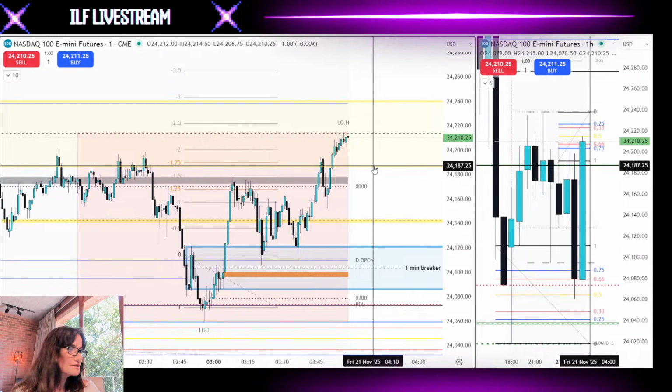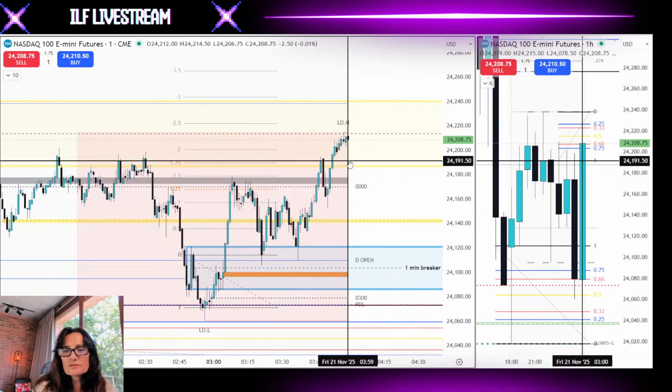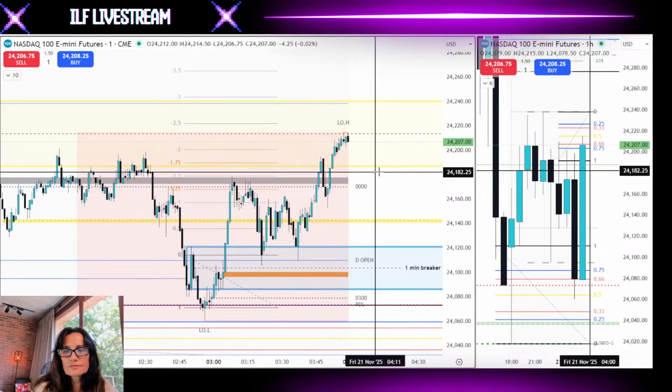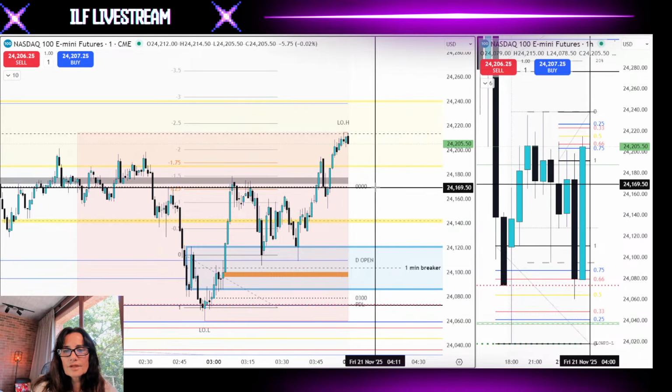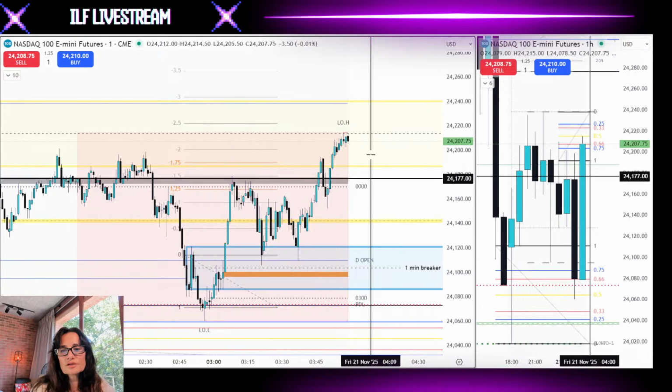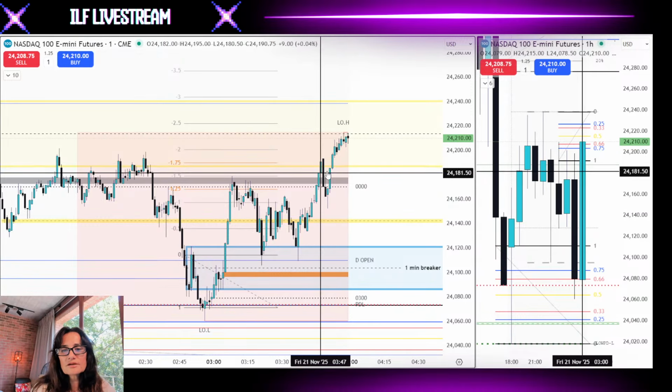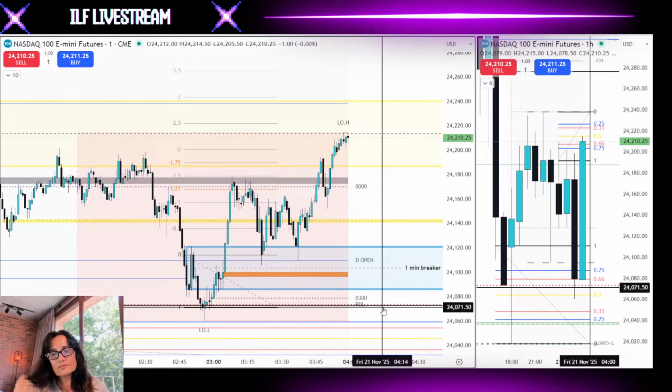Okay, 4 o'clock coming in 30 seconds. Let's see. We could get a spike down here, and then a continuation in after a few minutes. So it could go down, retest this area, and then go back up.